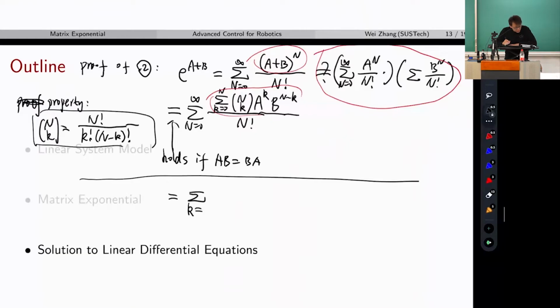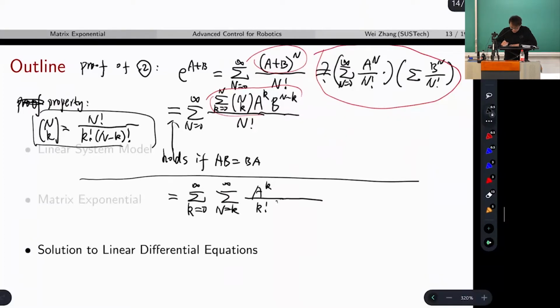It will be k from 0 to infinity, n equal to k to infinity. All right, n is always bigger than k. If you change that, this is equal to A raised to the power k divided by k factorial, times B raised to the power n minus k divided by n minus k factorial.